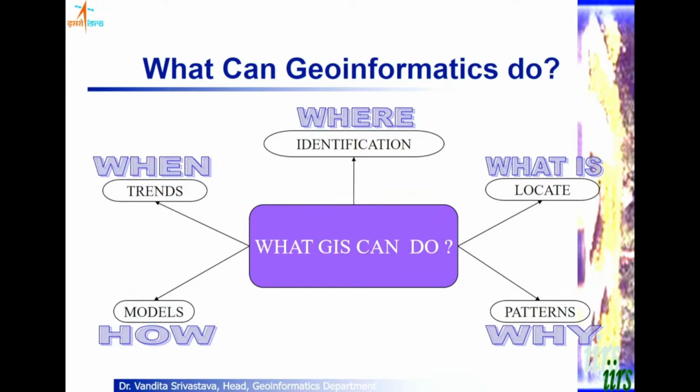Then we can ask what has happened since a certain time, what are the trends in the data, how the urban pattern of a particular city is expanding. And when it touched this boundary, when it became radial or whatever, what is the pattern of data.